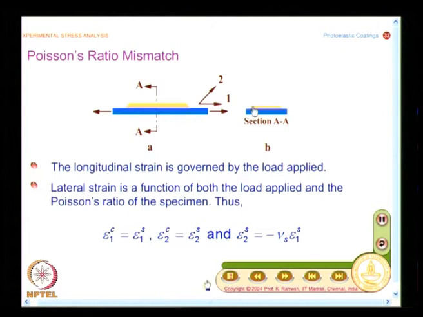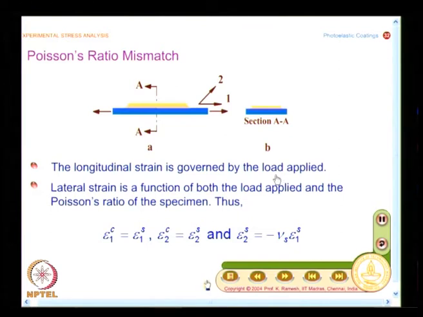It is deliberately shown that the coating is interior, it is not extended to the full length, to illustrate the point. And what happens when I apply a longitudinal load, the strain in that direction is completely governed by the load applied.